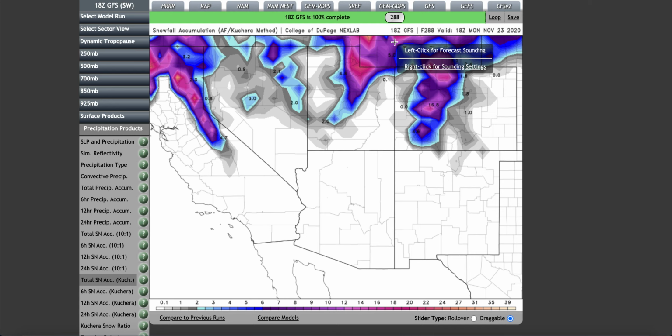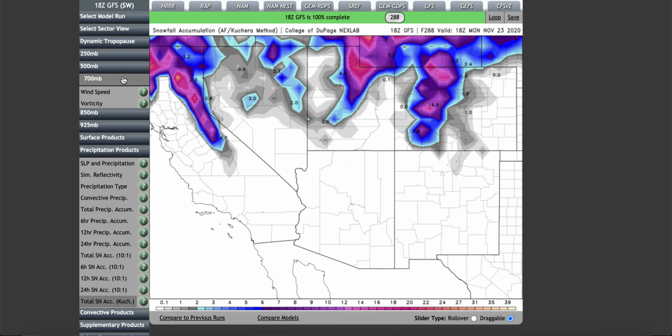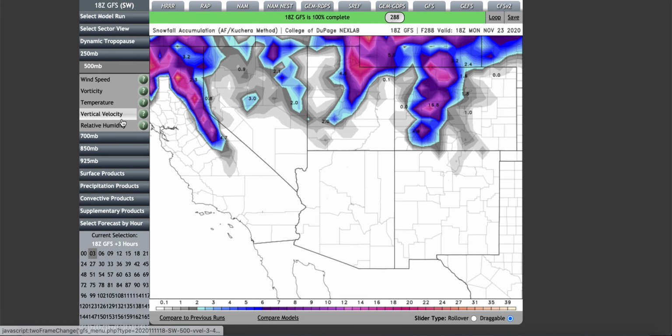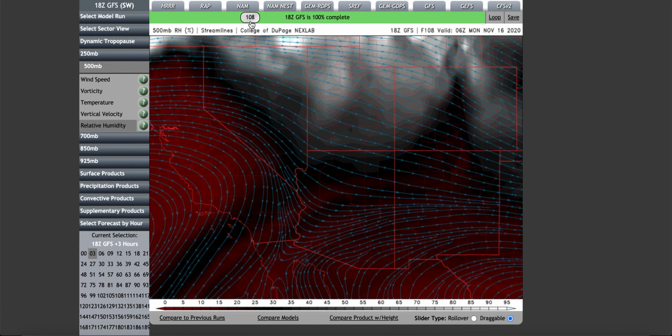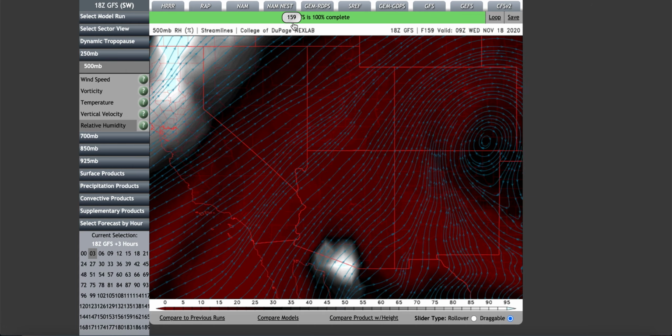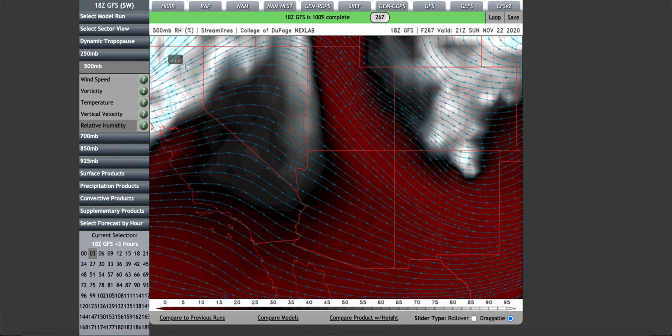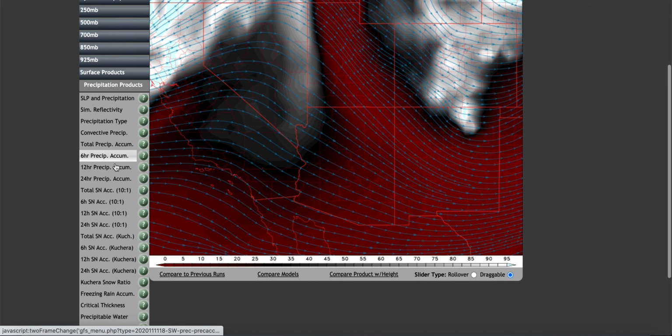predicting snowfall. So this website also has a lot of other things to play around with. You can still get humidity here, which is relatively helpful if you're forecasting hoarfrost, surface hoar forming on top of the snowpack, which has huge avalanche implications. But there are tons of precipitation products.